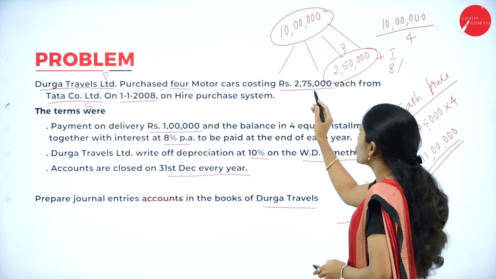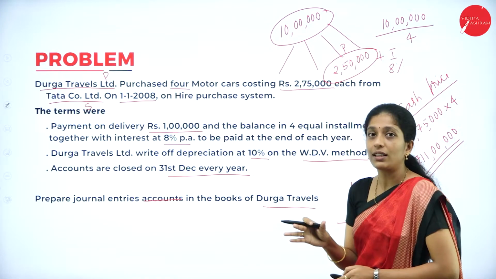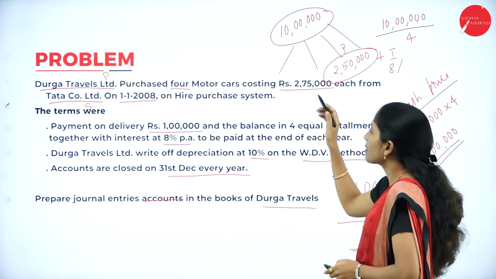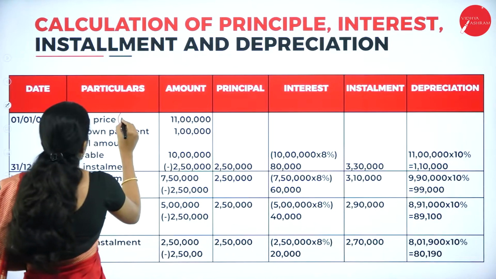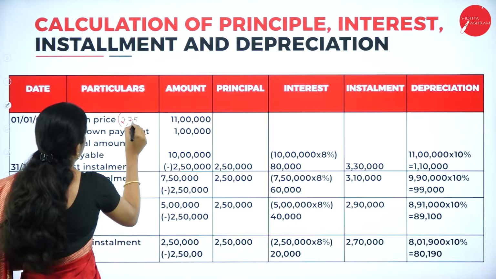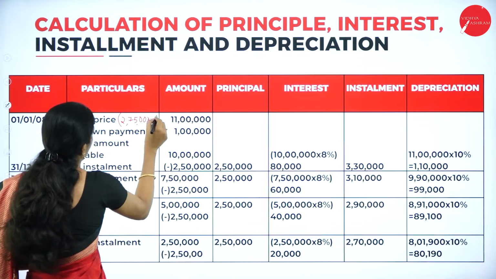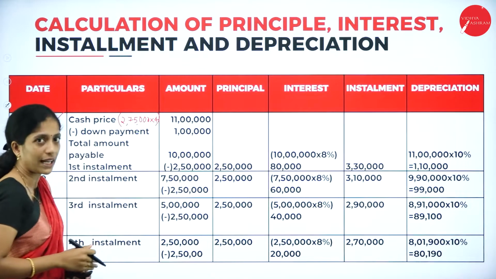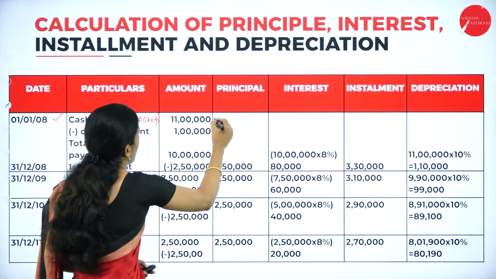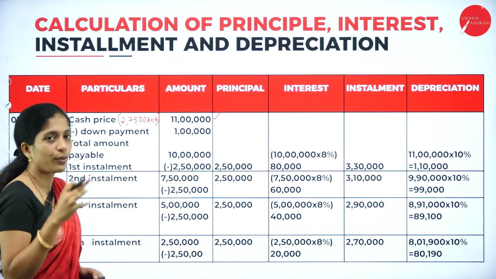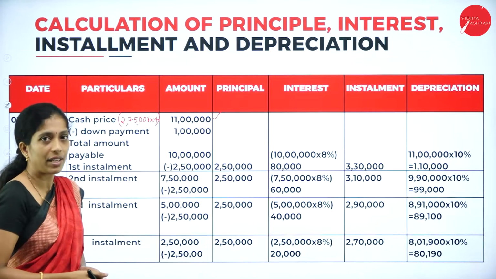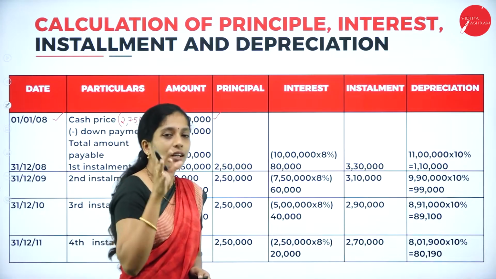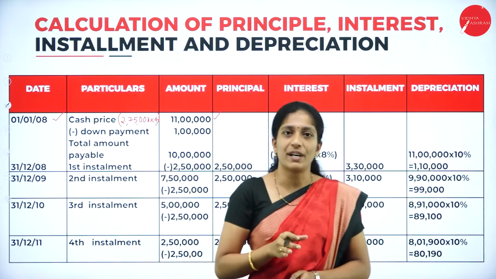They have purchased 4 cars worth 2,75,000 each. So 2,75,000 into 4. Total amount is how much? 11 lakh. So the cars worth 11 lakh have been purchased.